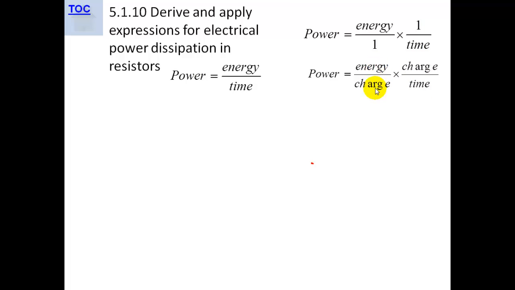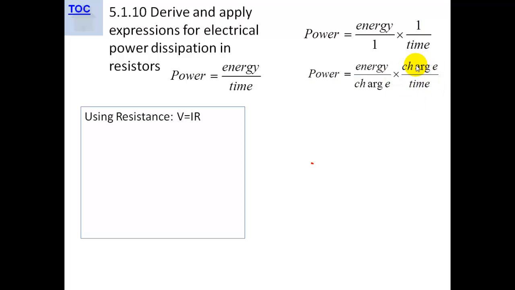But we know that energy over charge, the joules per coulomb, is the potential difference. We know the charge flowing per time is the current. So we can say that the power is the potential difference times the current. Power is equal to the current times the potential difference.